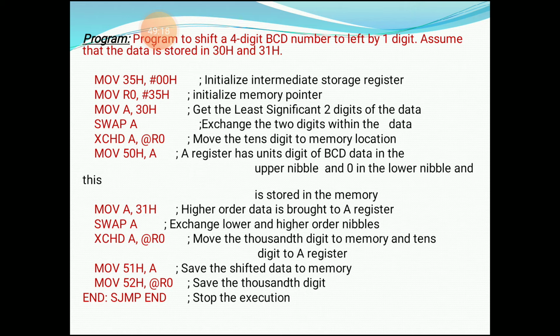Now 30H contains the lower byte of the BCD number, that is 34H, copied to the accumulator, and then the SWAP A instruction. This instruction interchanges the lower 4 bits with the higher 4 bits of the accumulator, that is 34 becomes 43 after the swap operation. Now exchange, XCHD A comma @R0.